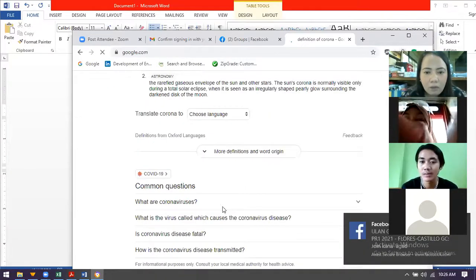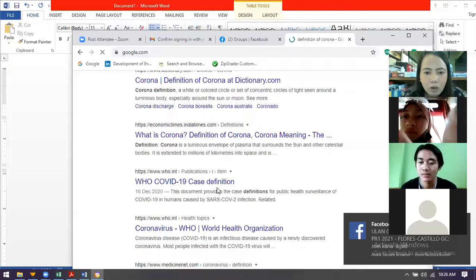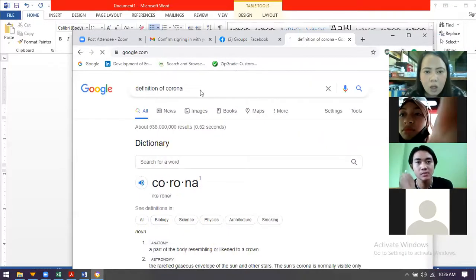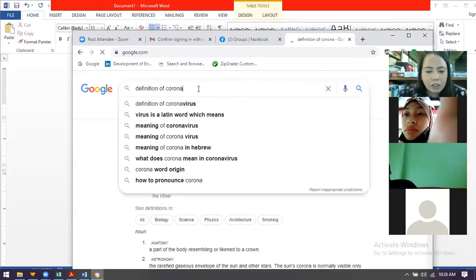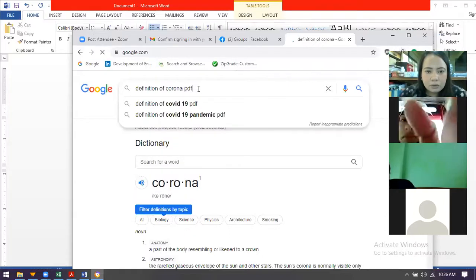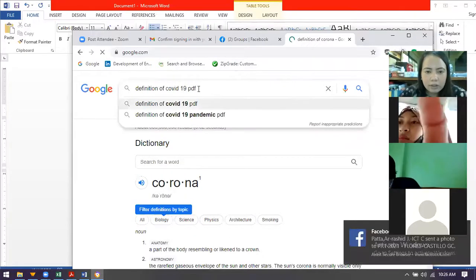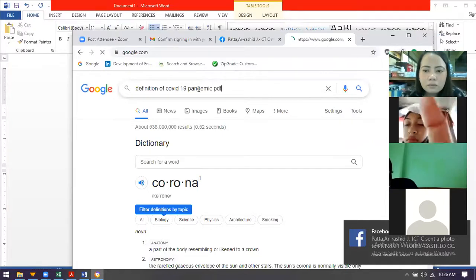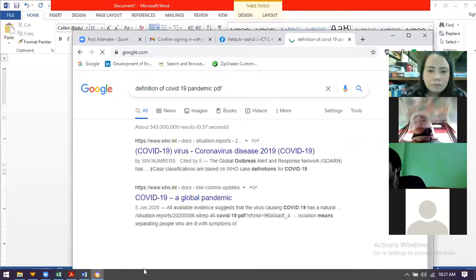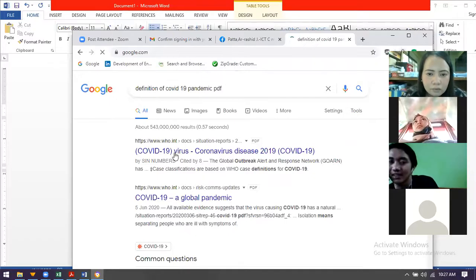Kasi commonly sila yung masyadong useful. Change natin ng PDF.